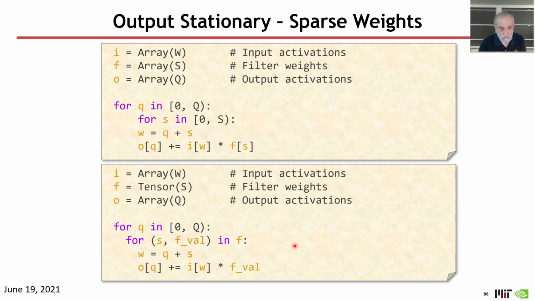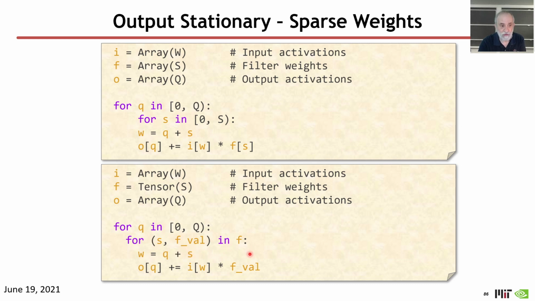And the next thing we see is that when we traverse the filter weights, we use the traversal over the fiber in the top and only rank of the filter weights, and return correspondingly the coordinate and the filter weight.